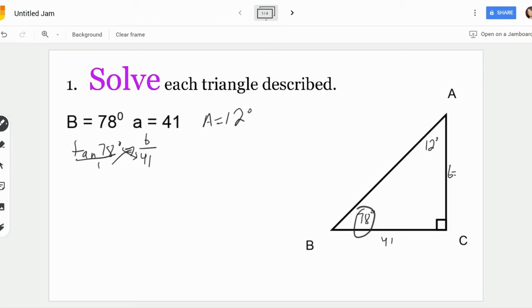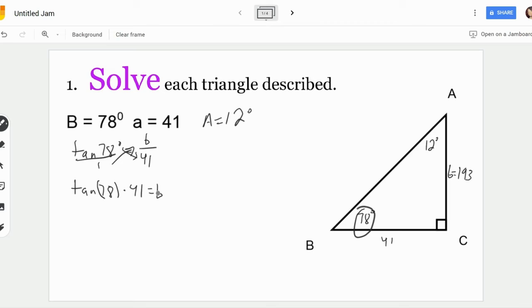And I got 193 about. So this would be 193. I just did that on the calculator. Again, all I did was tan 78 times 41.